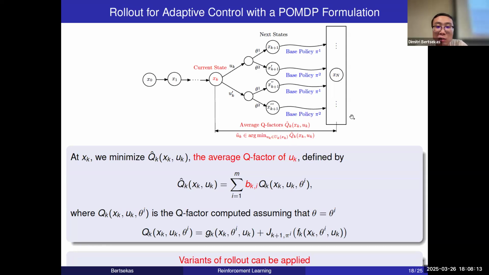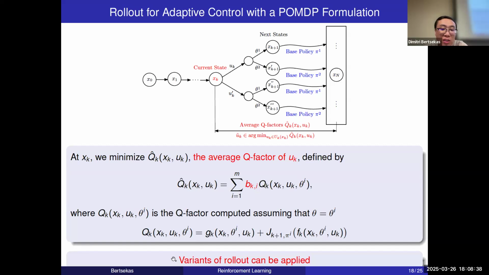Note that this is just the basic form. Okay, after averaging, we find the average Q factors, qk hat, and our control, uk tilde, is selected by minimizing among the estimated average Q factors. And this is the standard form of rollout.